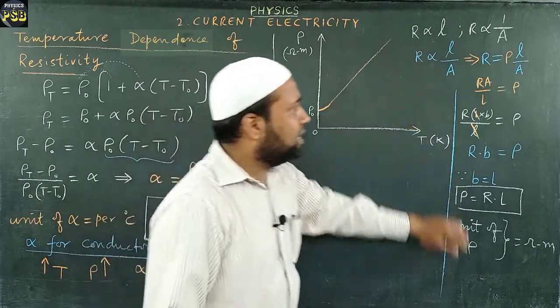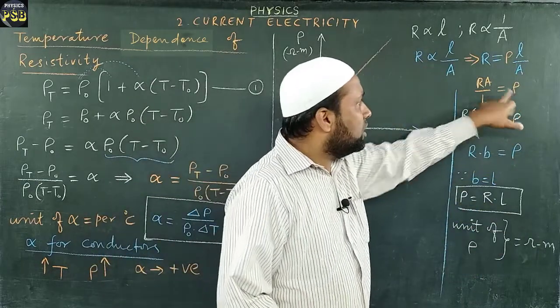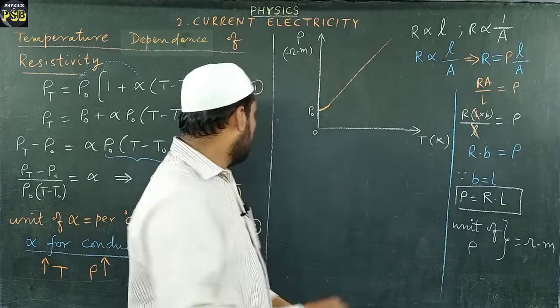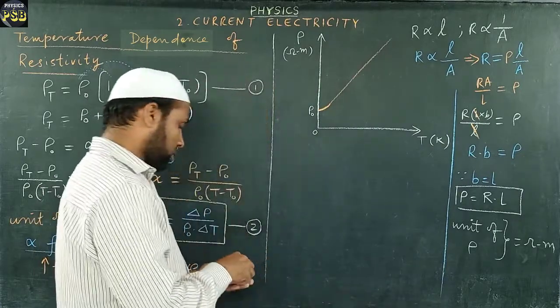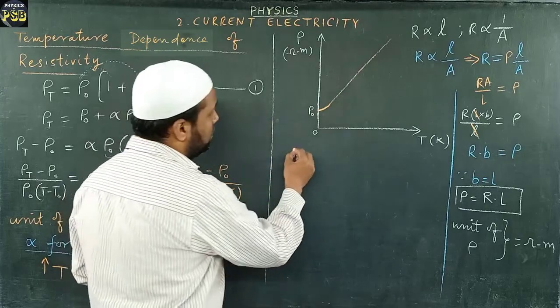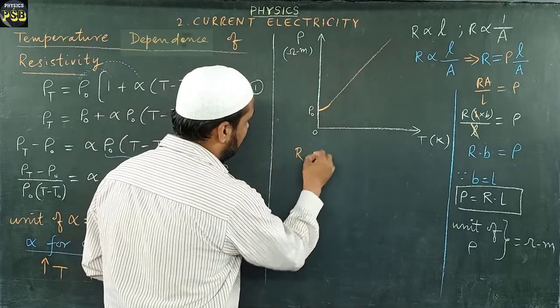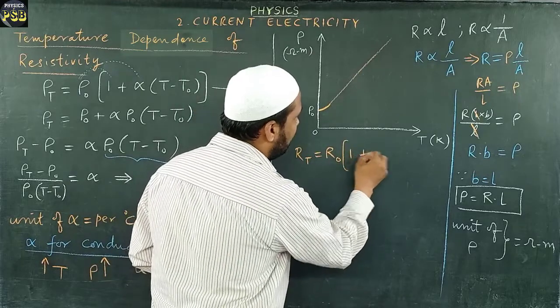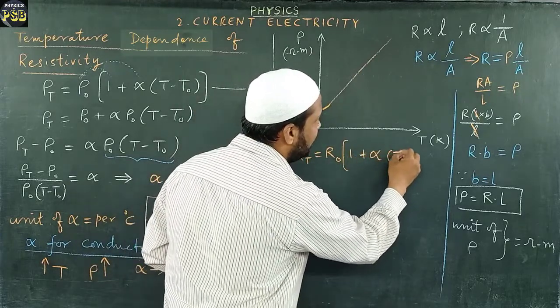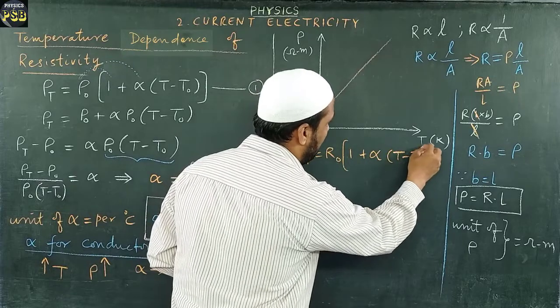Now this shows that resistivity depends on resistance. So equation 1 can be written as RT equals R naught into 1 plus alpha into T minus T naught.